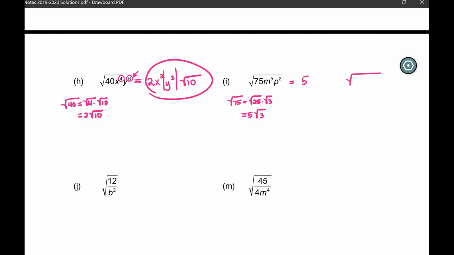So I see that I have a 5 outside, a 3 inside. M to the 5th. So 2 goes into m to the 5th 2 times with a 1 left over. And then 2 goes into p squared 1 time. And since it started out as even, but we got an odd result, we put it in absolute value.